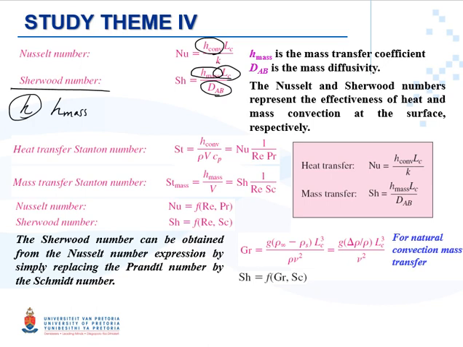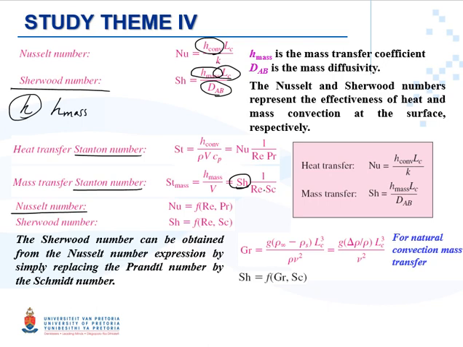Besides that, we have heat transfer Stanton number. We also have mass transfer Stanton number. You can see the correlation for heat transfer Stanton number. Stanton number is equal to Nusselt multiplied by 1 divided by Reynolds, multiplied by Prandtl, but in mass transfer Stanton number is Sherwood multiplied by 1 divided by Reynolds multiplied by Schmidt.